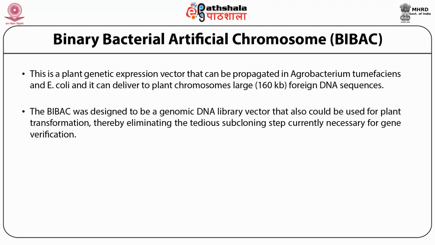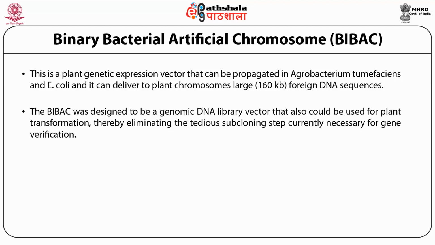The binary bacterial artificial chromosomes may make it possible to express a series of genes or entire biochemical pathway from any organism in plant system. These are potentially produced for pharmaceuticals or for novel materials in plants.